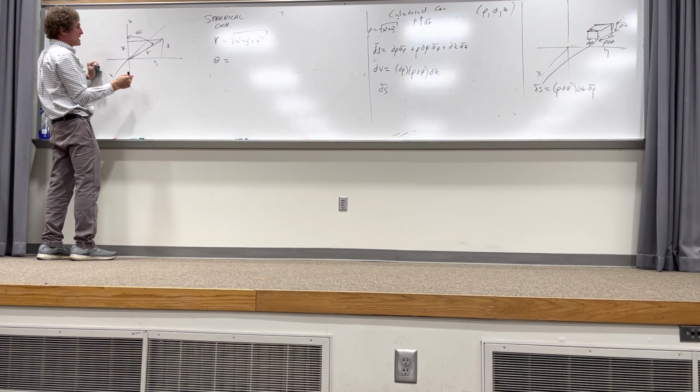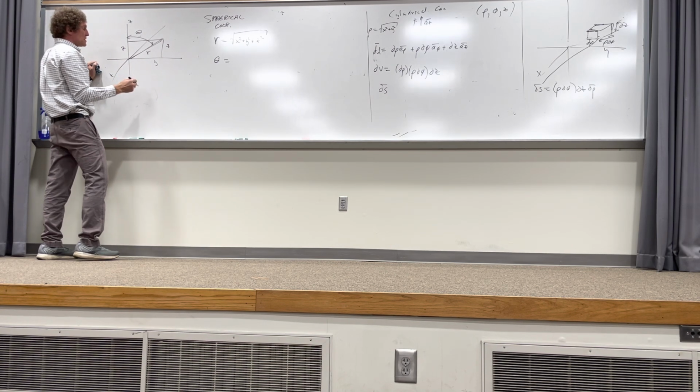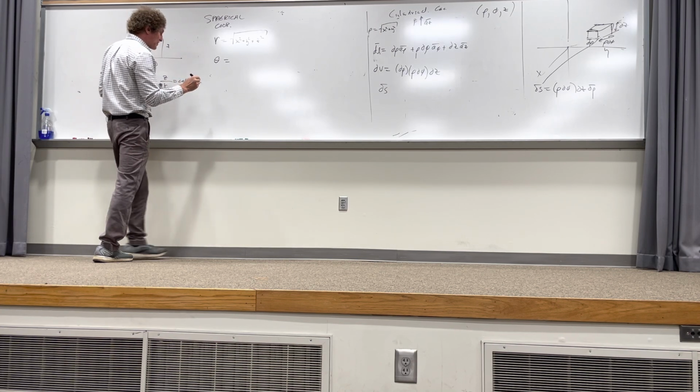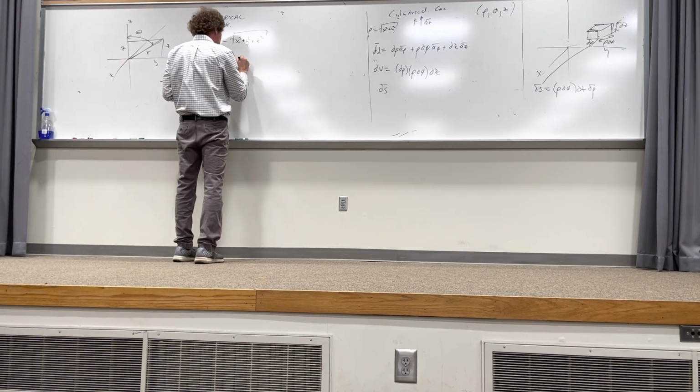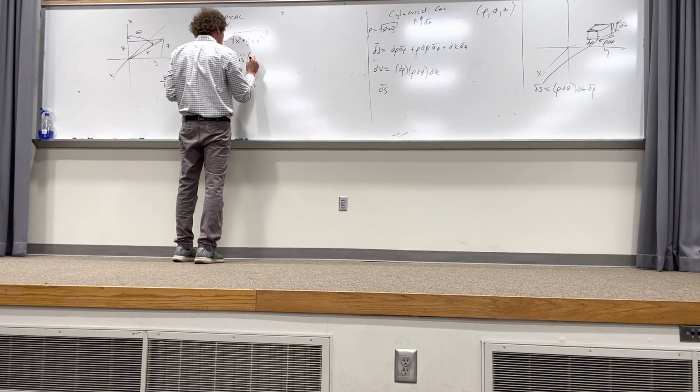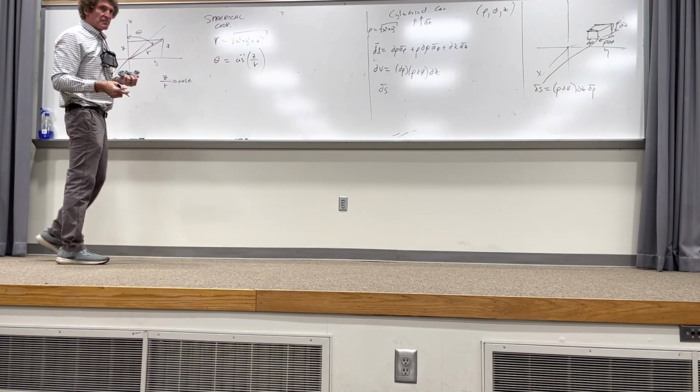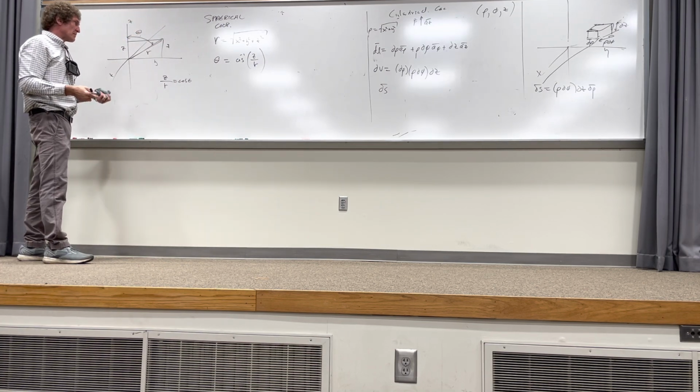You could get it with a tan function, and you could say z over r is cosine theta, or theta is cosine inverse of z over r, but there are a lot of ways to get it. I'll just put this down as a possibility, because r is given up above.